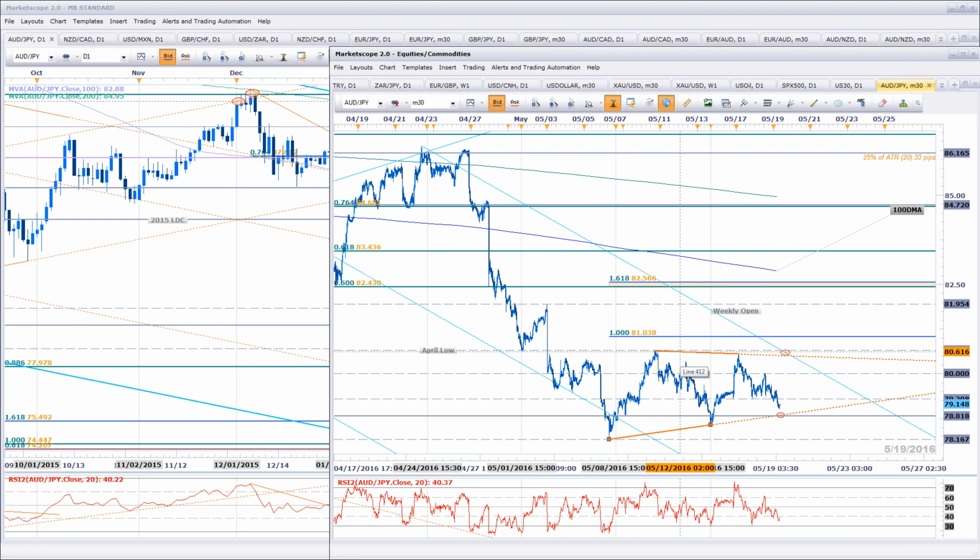You're looking for a break of this triangle, wedge formation, what have you. Typically these are continuation patterns, so if you do see a break sub 78.82, that would validate the next leg lower. I'm thinking that you could get a test of this region and then a break to the upside, just on account of what we're seeing in dollar yen with broader yen weakness.